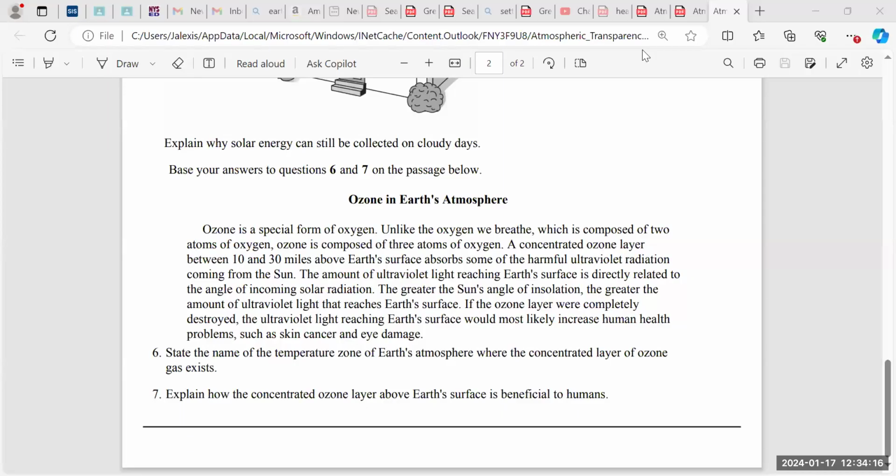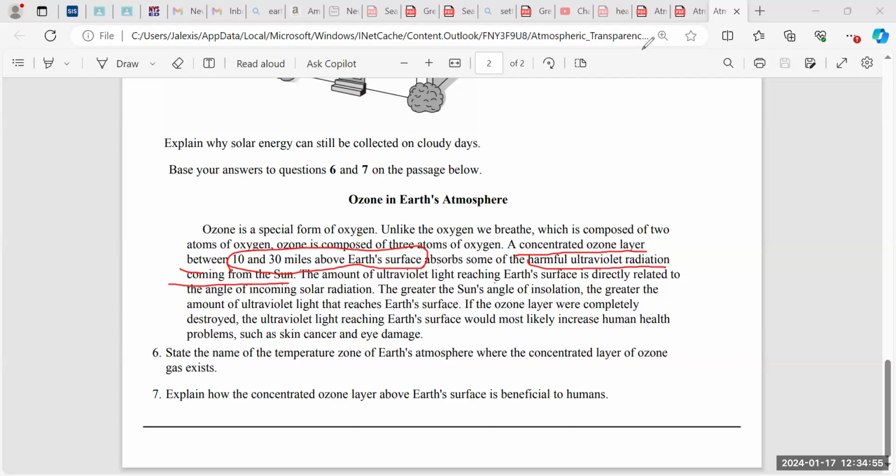All right, number 6, it says base your answers to questions 6 and 7 on the passage below. Let me see, sorry. And so they give us a reading, right? In the reading, there's one important thing. It says a concentrated ozone layer between 10 and 30 miles above the Earth's surface absorbs some of the harmful ultraviolet radiation coming from the sun.